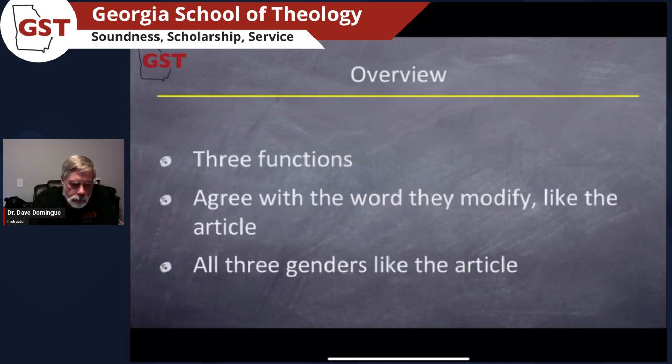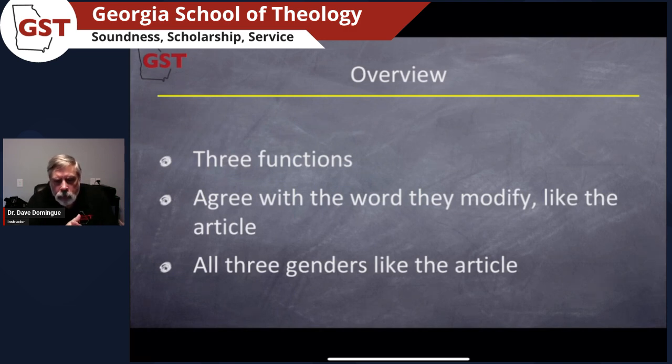So let's go through a couple of things here. We're going to talk about the three functions, as I mentioned, of the adjective. It can function adjectivally, it can function substantivally, and it can function predicatively. And the adjective will agree with the word it modifies, like the article does. The articles are really one of our best friends.